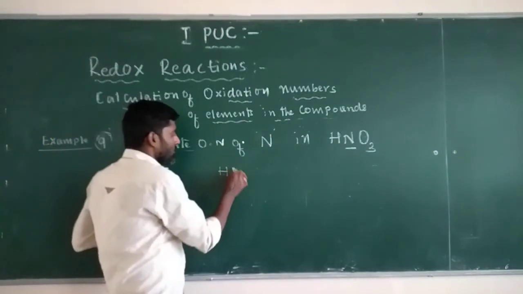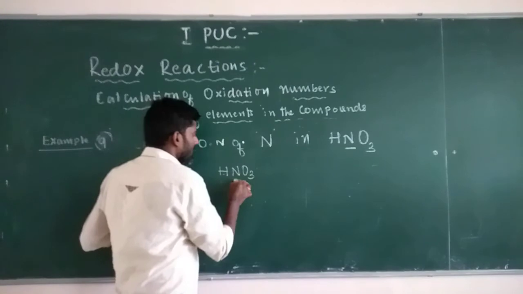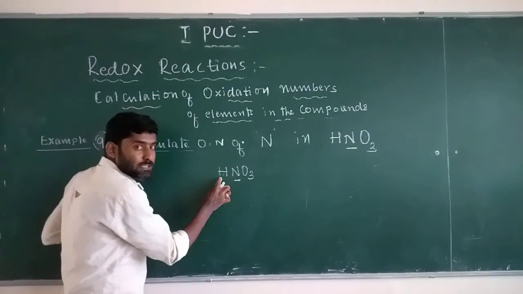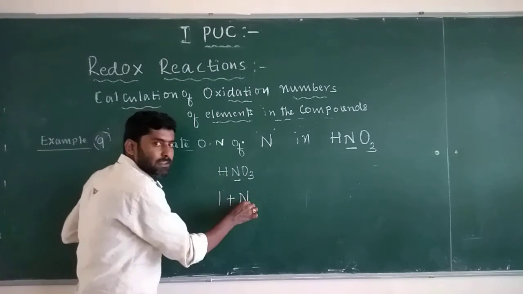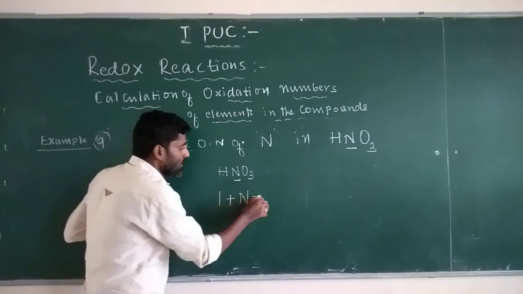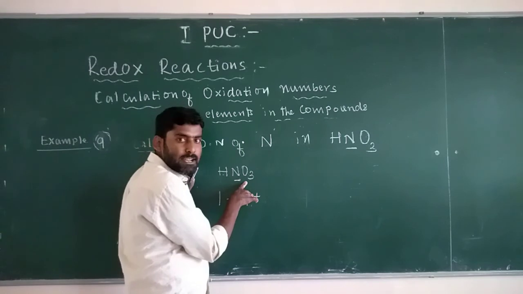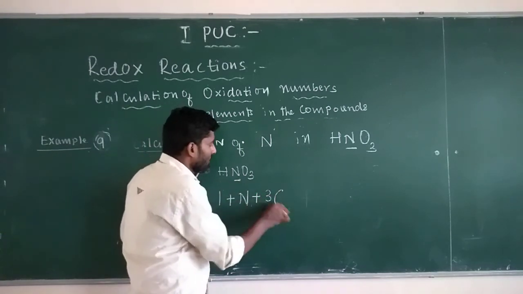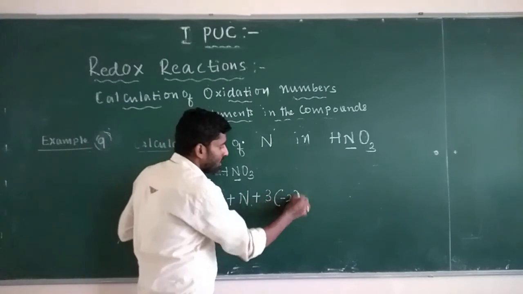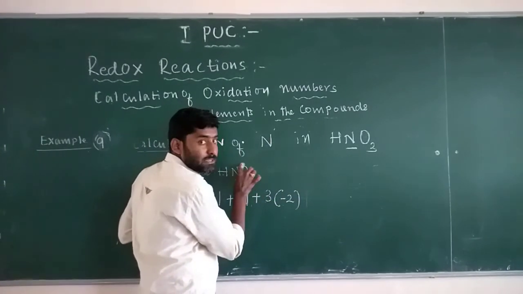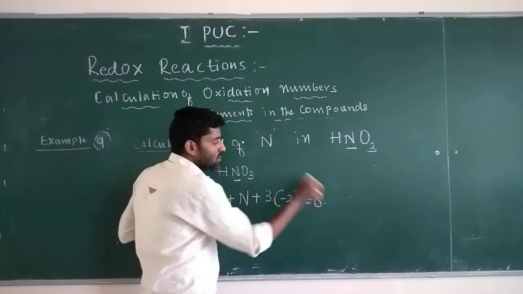So the given compound is HNO3. Hydrogen oxidation number is 1, plus nitrogen we have to find, write as N, plus we have 3 oxygen atoms, 3 into oxygen atom oxidation number, which is minus 2 in compounds. No charge on the compound, so equal to 0.